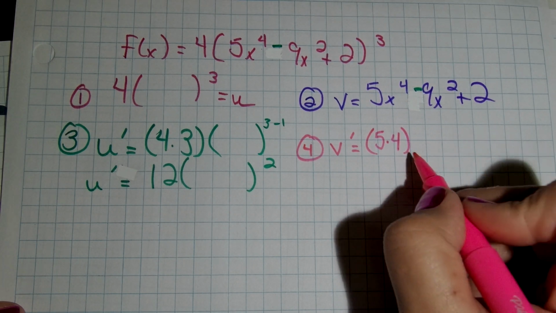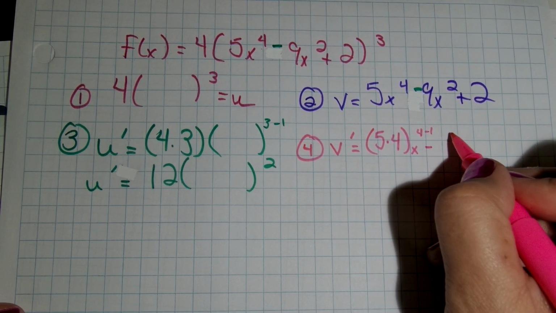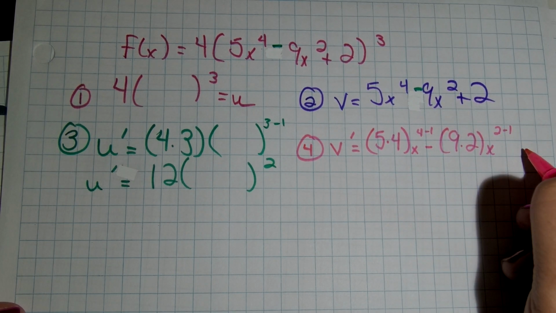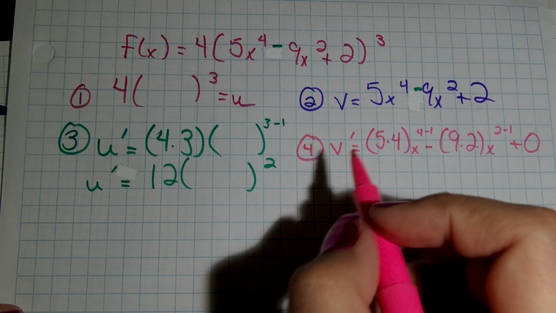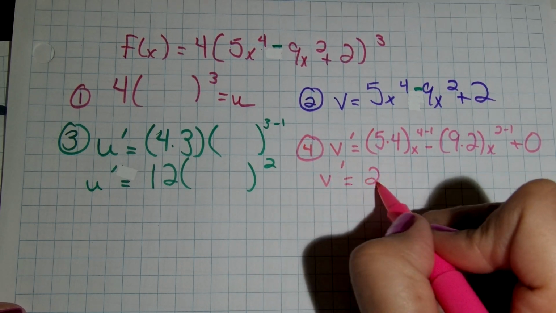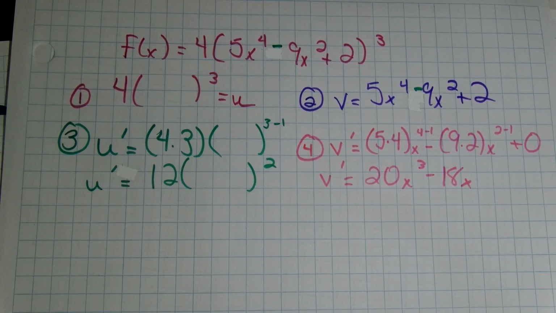X, and then 4 minus 1. Mm-hmm. And then same thing with 9. 9 times 2. 2 minus 1. The 2 becomes plus 0. And then you combine those and that's your v prime. Very good. Questions so far?